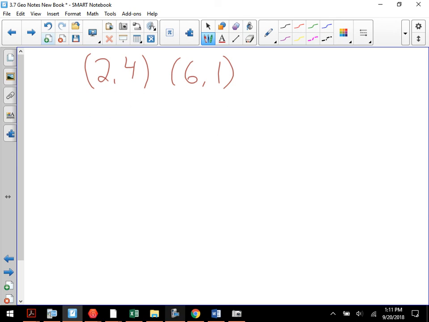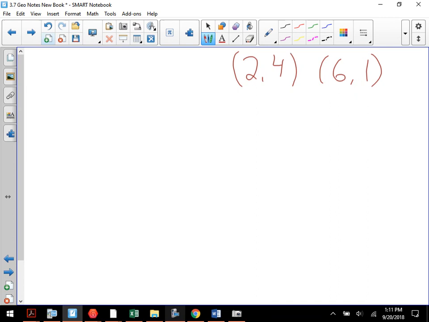You start by first finding the slope. So if you're writing out your ordered pairs of 2, 4 and 6, 1, write down what they are first. Then fill in all the blanks. Write your equation for slope.